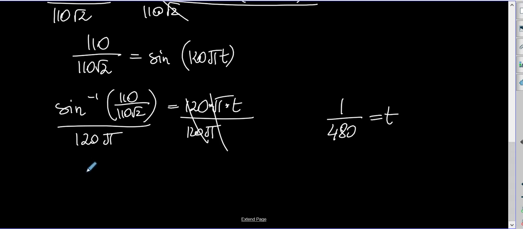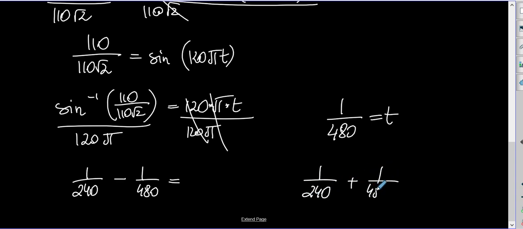So 1 over 240 minus 1 over 480, that will give me one value, and 1 over 240 plus 1 over 480.